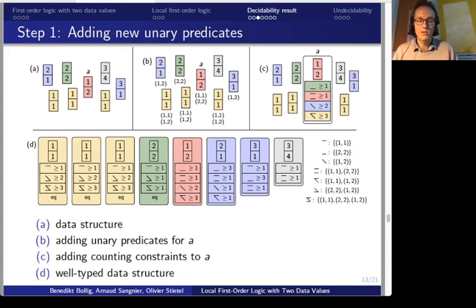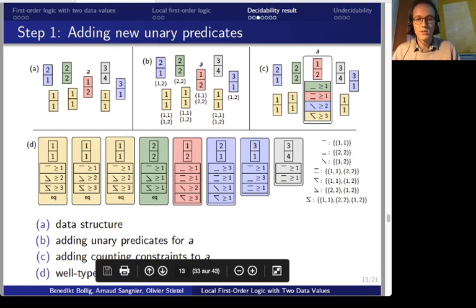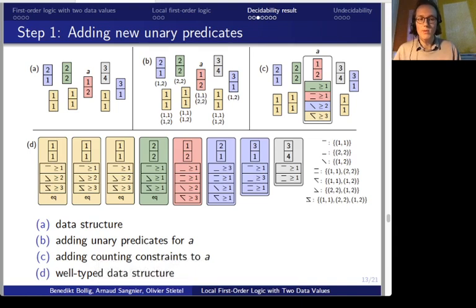And we model the counting constraint as a new unary predicate, and we say that the counting constraint will correctly describe the model, the structure. We call them well-typed data structures.